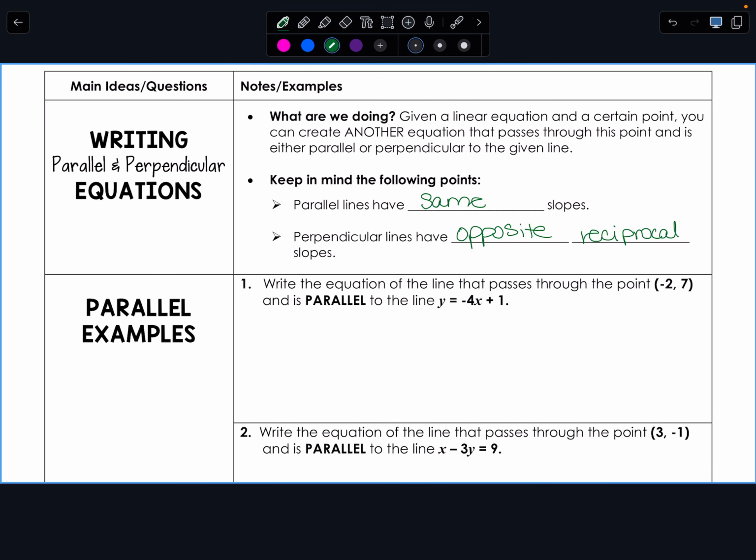So I'm given a coordinate point and I'm given a line and I'm saying, write the equation that's parallel. I didn't tell you to put it in slope-intercept form. So the easiest form for me to use is point slope. I have an x1 and a y1, and I know what my slope is. It takes me 30 seconds to figure out how to write the equation of the line, because now all I have to do is just plug it in. We know point slope form.